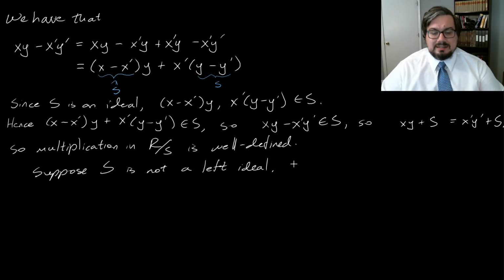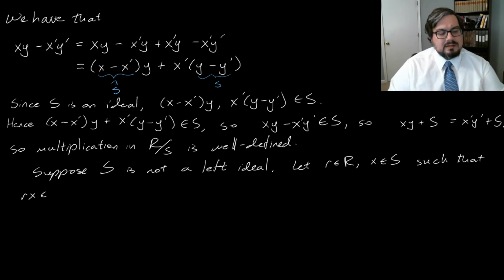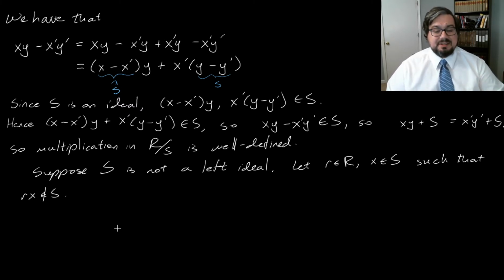So we can say instead that we can let little r be in R, let little x be in S, such that rx does not belong to S. The existence of such elements is guaranteed if S is not a left ideal.